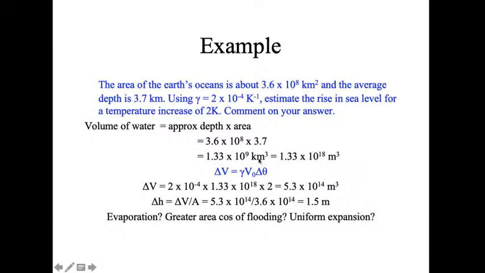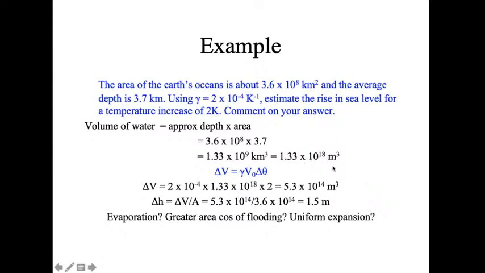And if you want to go from kilometers to meters, we need to multiply by 1,000, and we need to cube that. So we're actually multiplying it by a factor of 10 to the 9. So 1.33 times 10 to the 9 plus 9 is 18. That's where we're getting this big number in meters cubed.